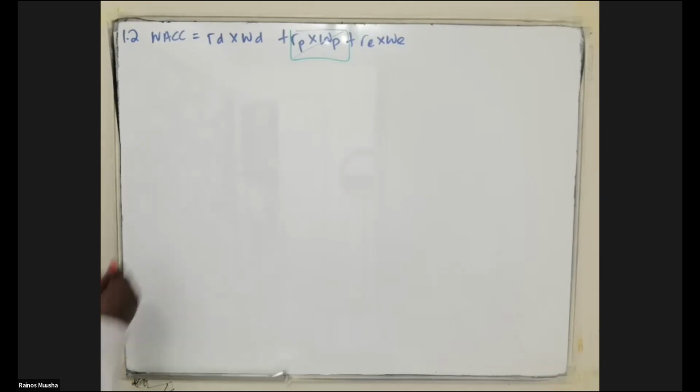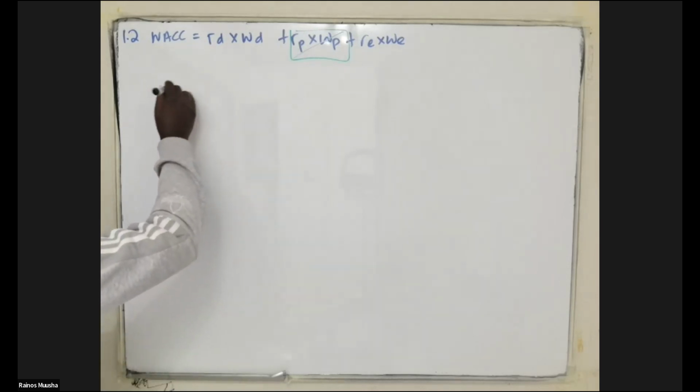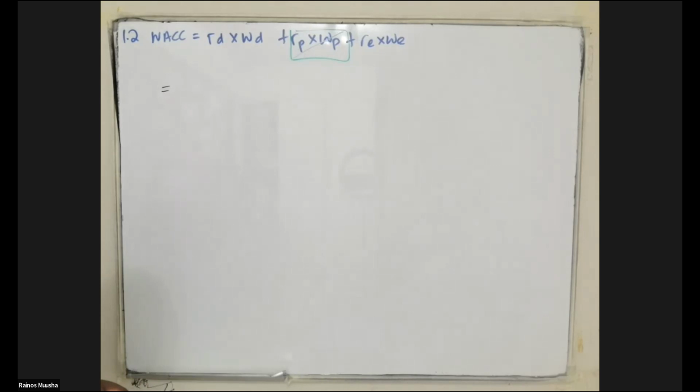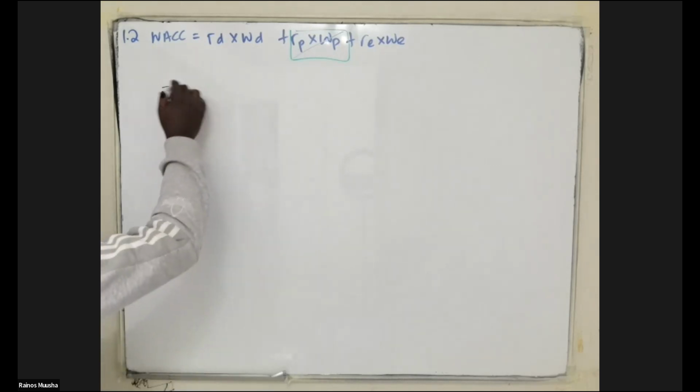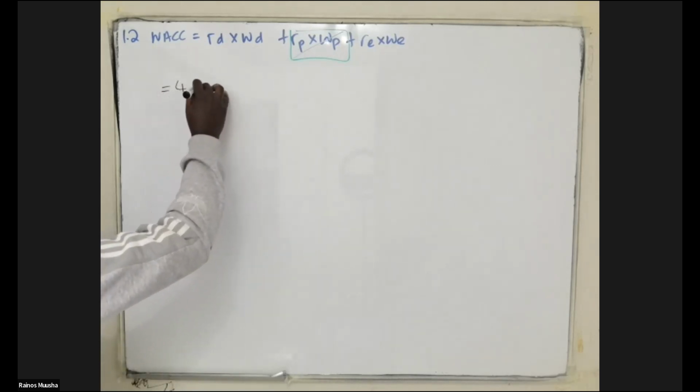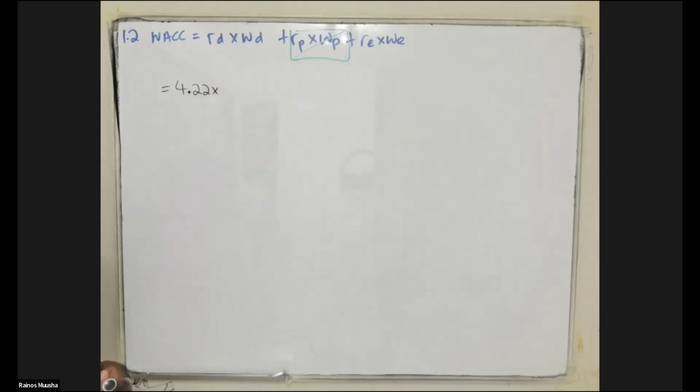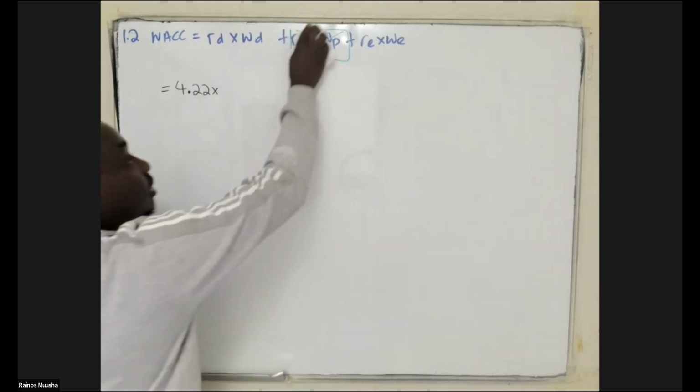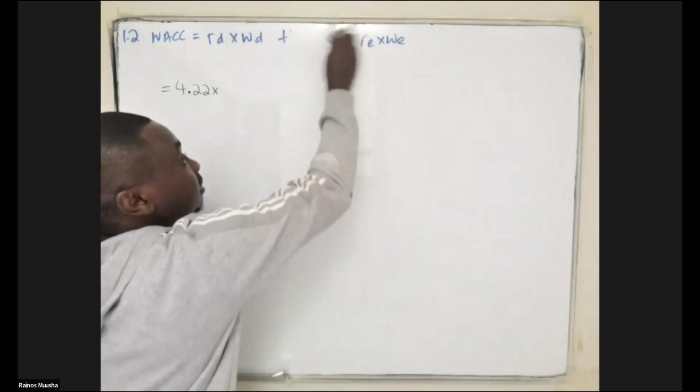So in this case, the weighted average cost of capital will be equal to our cost of debt, which we have calculated previously as the after-tax cost of debt of 4.22%, multiplied by, sorry, we're utilizing preference shares, isn't it? We are going to be utilizing preference shares, so this is going to be relevant.